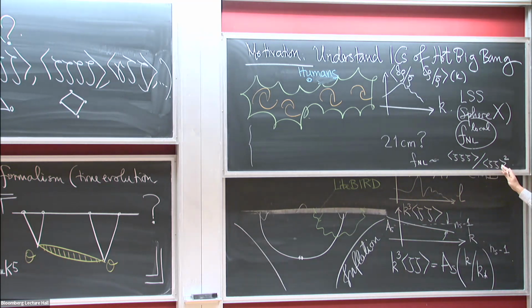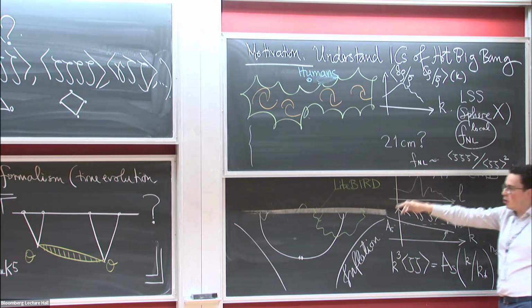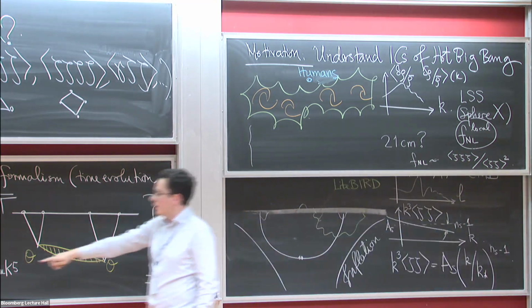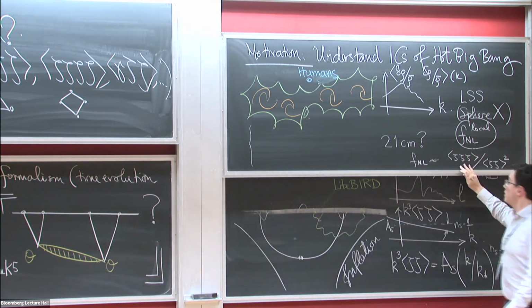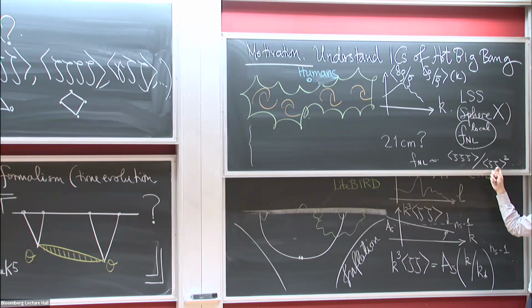Okay, which is a bad definition because even an FNL of order 50 means that the 3-point function is very small. You're just measuring it in the wrong units because you're paying an extra factor of zeta. It should be 3/2, but for historical reasons, we use this parametrization.